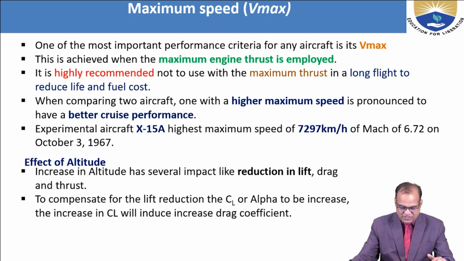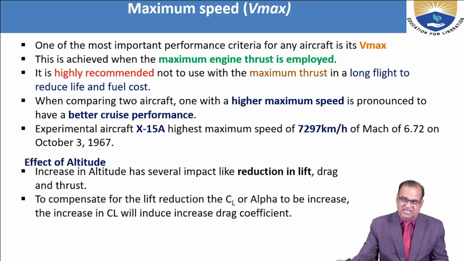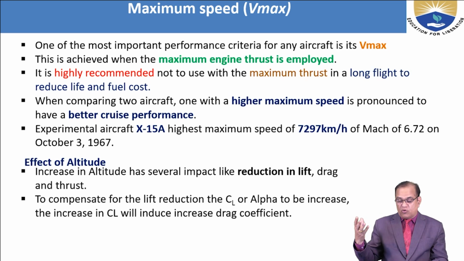As you go to high altitude, the density is reduced. This reduction in density will reduce the lift. To compensate this lift, we have to increase the CL or angle of attack. If we increase the CL, your drag coefficient will also increase. So at higher altitude, you will experience more drag.